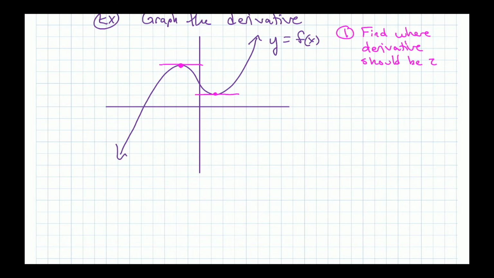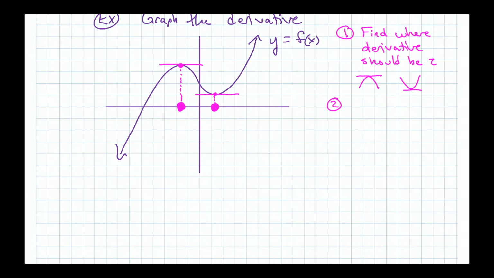So what you do is right below that, the derivative goes through 0. And right below this one, the derivative goes through 0. Okay? So you're looking for places like that or like that. So do that first. So the derivative goes through those 2 pink points.